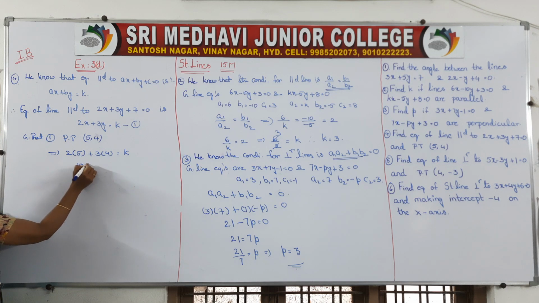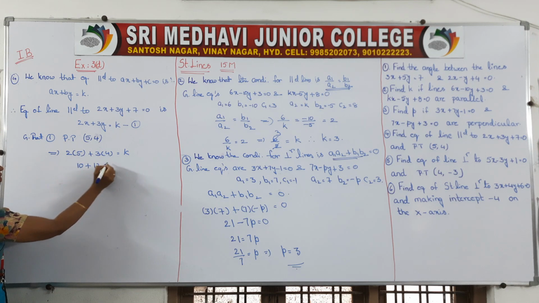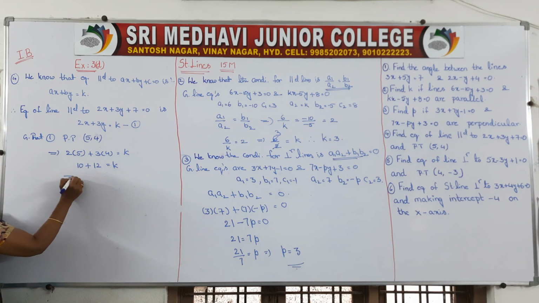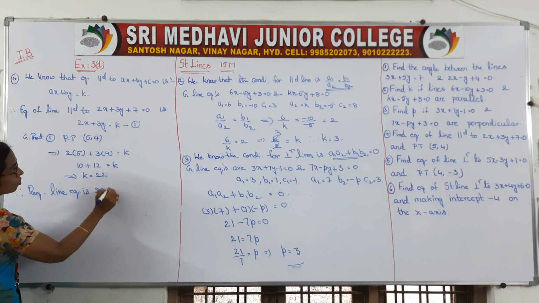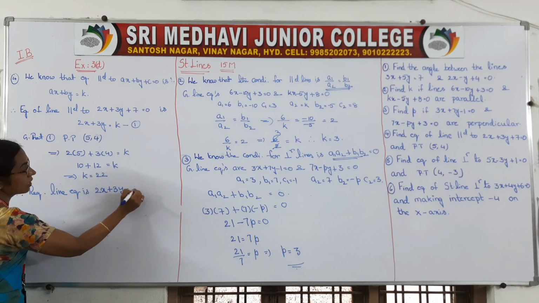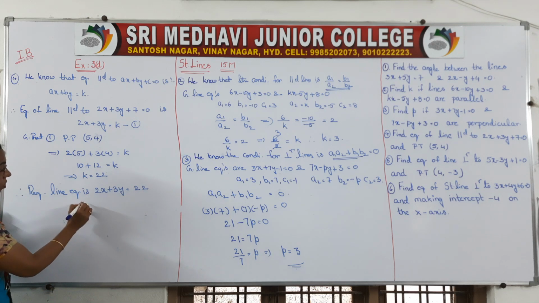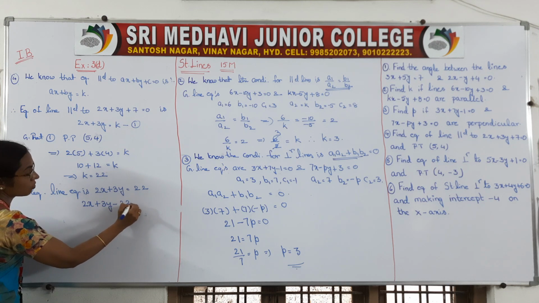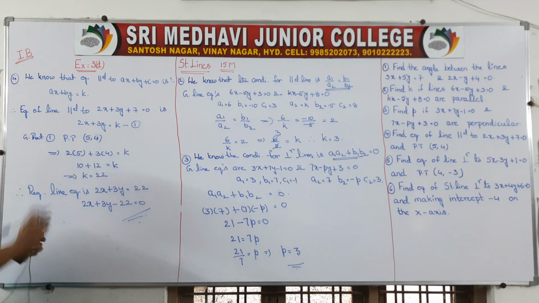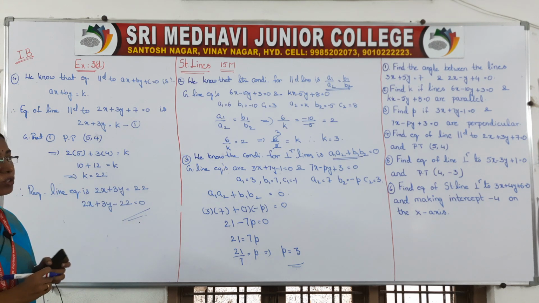So it is 10 plus 3 4s 12 is equal to k, implies your k is equal to 22. Therefore the required line equation is, from 1, 2x plus 3y is equal to 22, or we can write 2x plus 3y minus 22 is equal to 0. This is your fourth question.